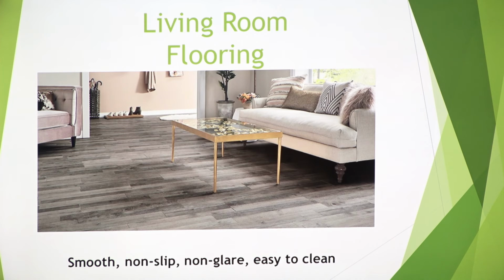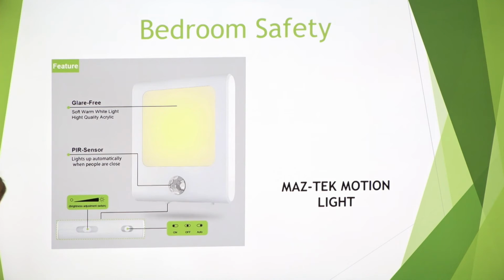Let's see what else. So the bedroom, again, we want to have bedroom safety. This is an example of a little night light that plugs right into your outlet, and it's motion activated.